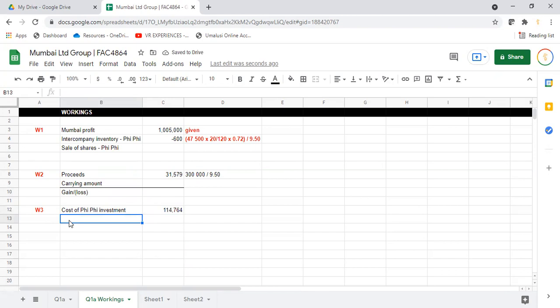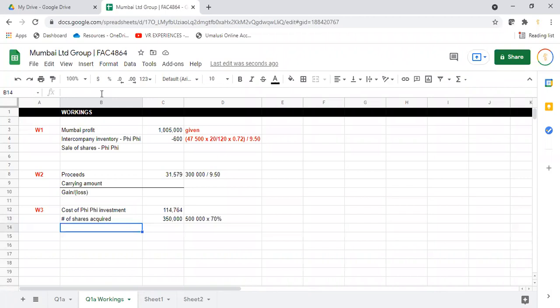The number of shares is 500,000 times 70%, because we acquired 70% of the ordinary shares. So the number of shares acquired is 350,000 shares.